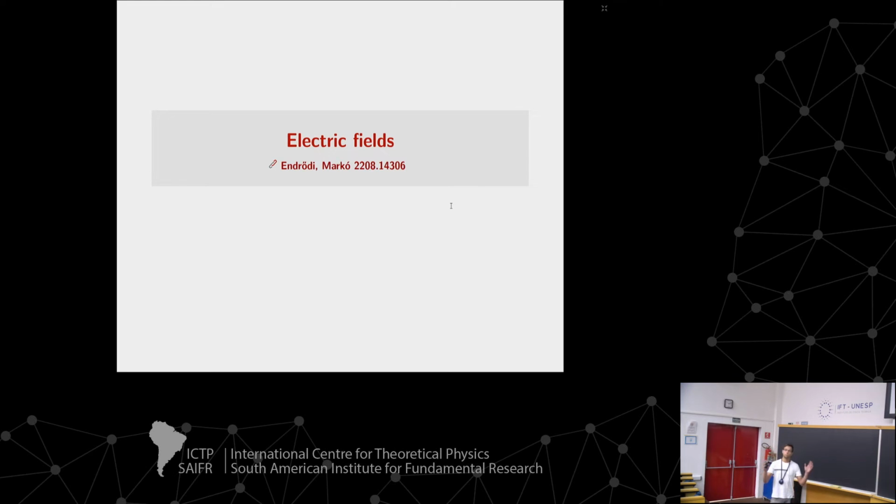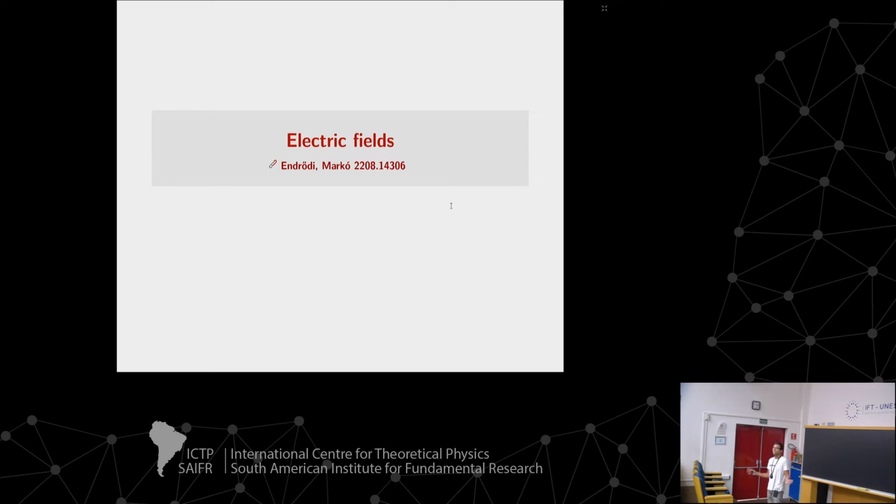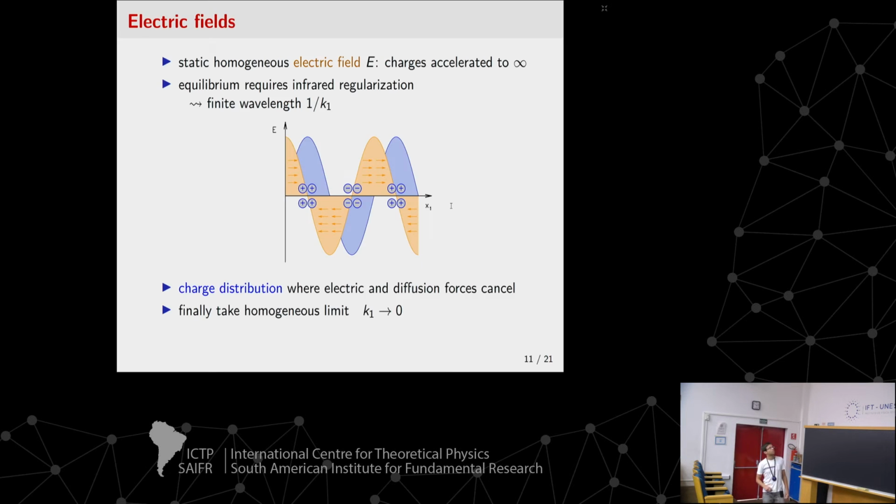First thing that should pop into your mind when you discuss electric fields in an equilibrium QCD setup is, what does that mean? What does equilibrium mean when we have electric fields? Electric fields accelerate charges. There is no equilibrium. There is one that you can define, but it's tricky. How does it go?